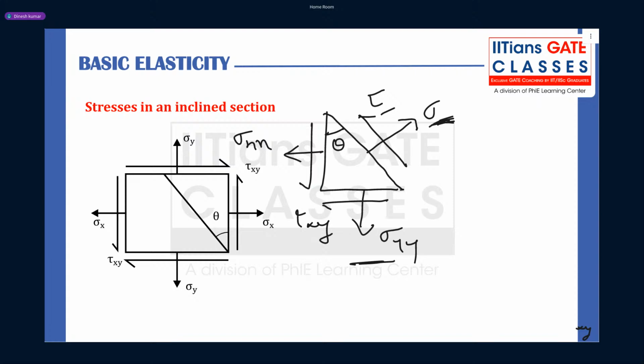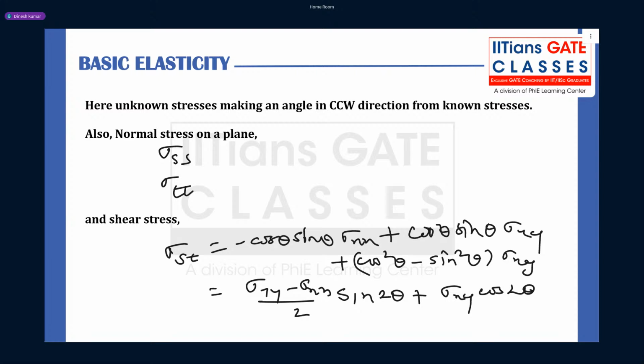So that is sigma S. Now you all understood what mistake people make. They don't understand what is sigma S and what is sigma T. Some people write sigma SS as cos square theta sigma XX plus sine square theta sigma YY plus sigma XY sine 2 theta.